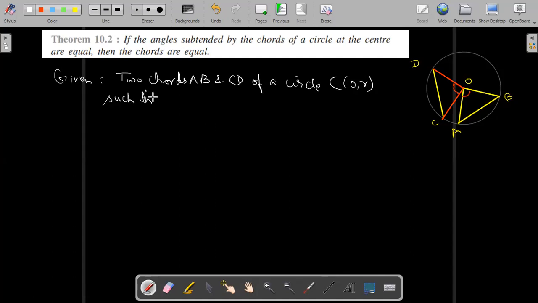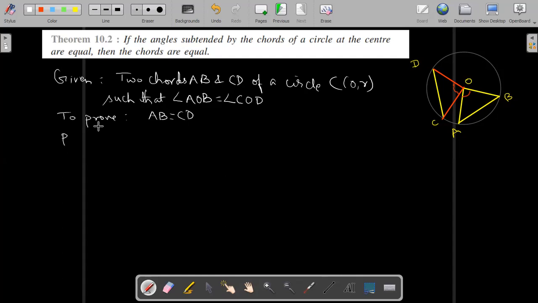So it is given that the angles are equal. Therefore we'll say that angle AOB is equal to angle COD. And we have to prove that these chords are equal, that means AB is equal to CD. This we have to prove.